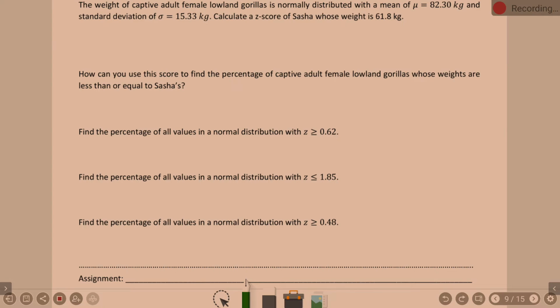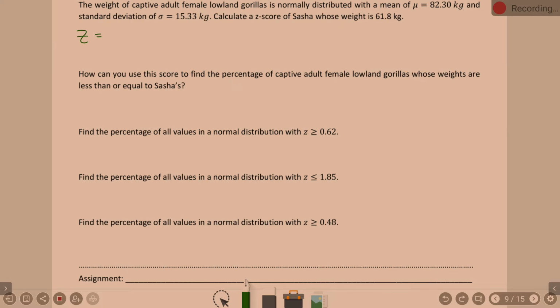How do we find Sasha's z-score? Actually, I think Sasha's actually underweight. Don't you have to do 82.3 minus 61.8 divided by 15.33? Okay, except reverse it. We want to start with the data, the provided data value.